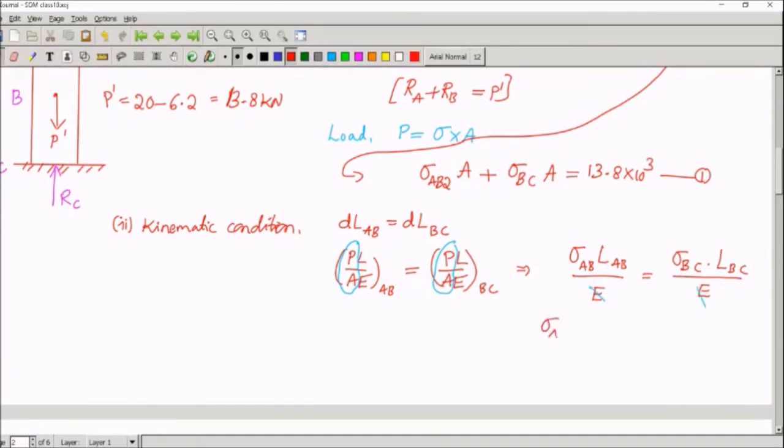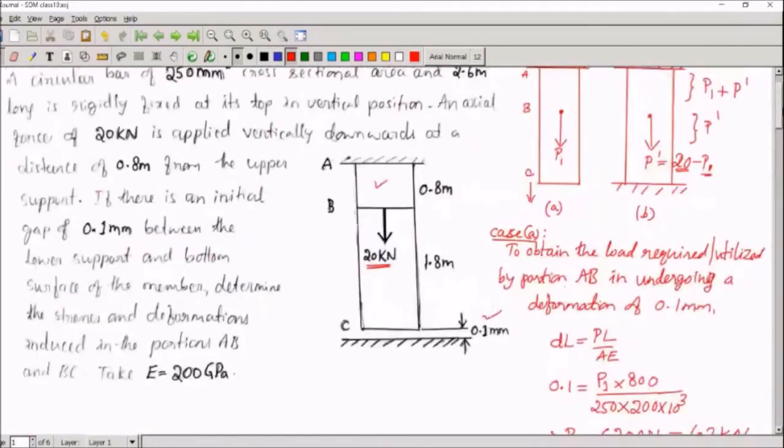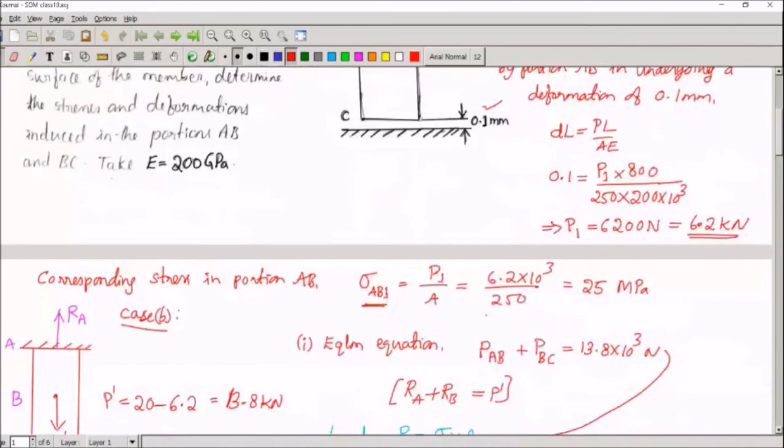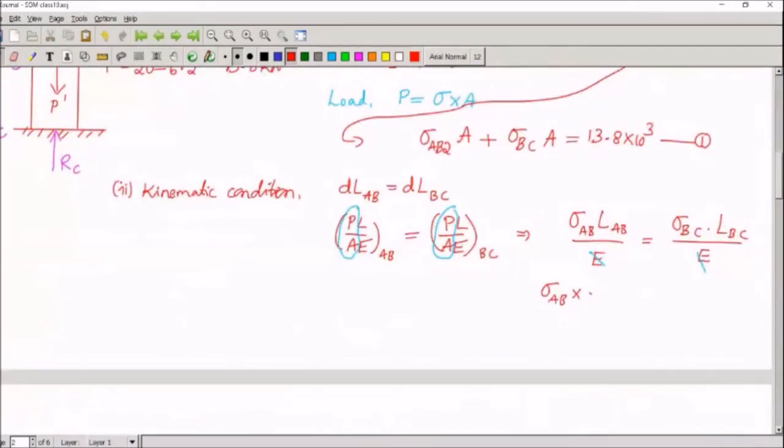So sigma AB into length of portion AB. Length of portion AB is 800 mm, but it has undergone a deformation of 0.1 mm. So now in case B, I have to take the length of AB as 800.1. Even if you neglect that 0.1, the result will not change much, but it is correct to consider that also because AB would have deformed 0.1 by now. So length of AB should be 800.1 mm.